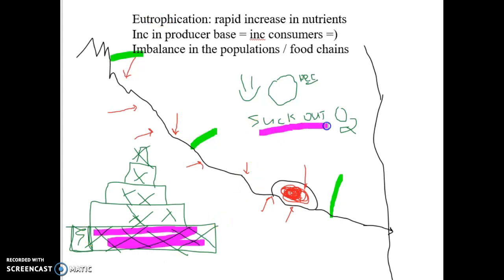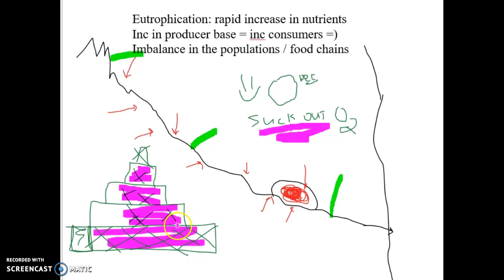Oxygen starts getting sucked out of the water during the decomposition process. So you deplete oxygen, you deplete the producer base, and your consumers up here begin to crash as well. And that further fuels more food for decomposers, meaning more oxygen getting sucked out in this whole cascading event.